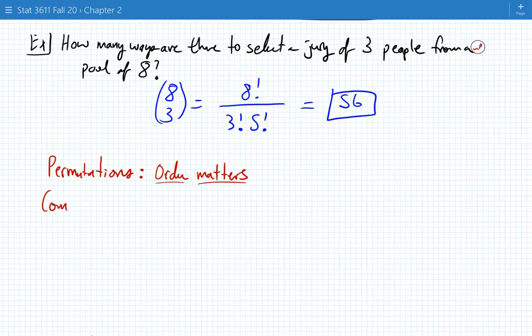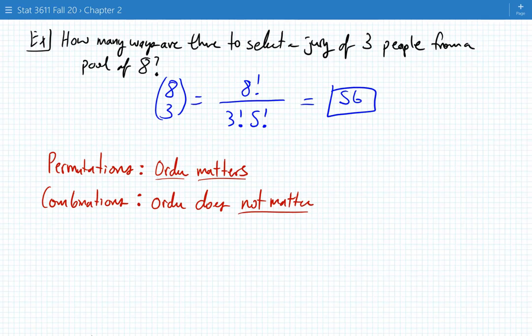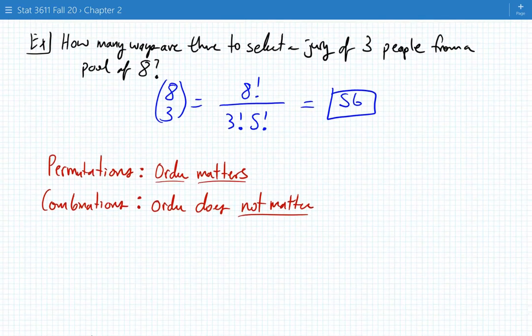And in combinations, it doesn't matter who is picked first. The order does not matter when you're talking about combinations, okay?